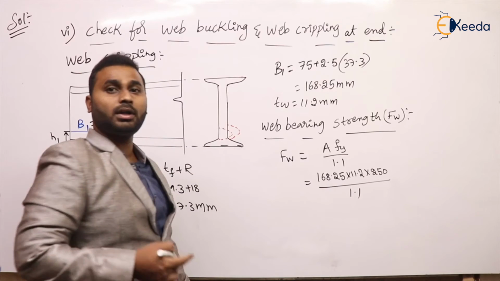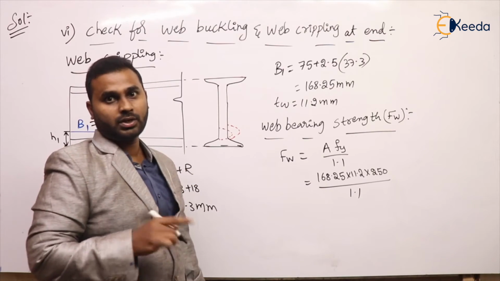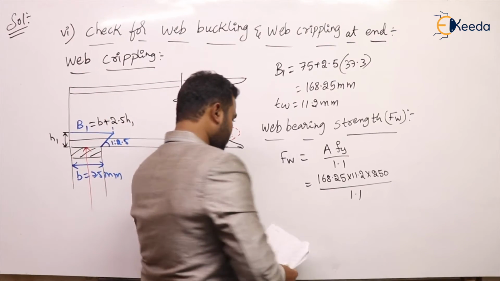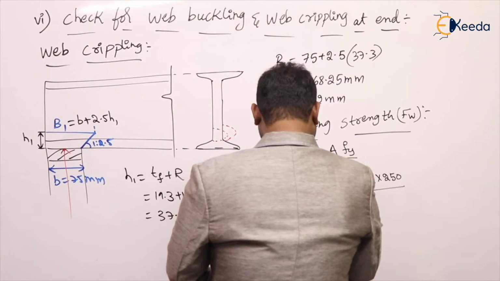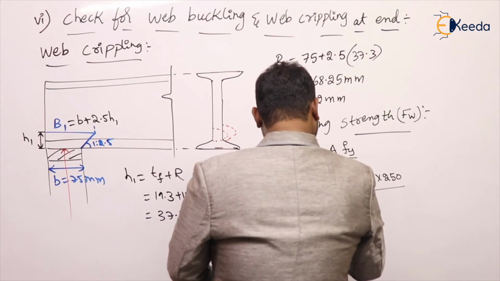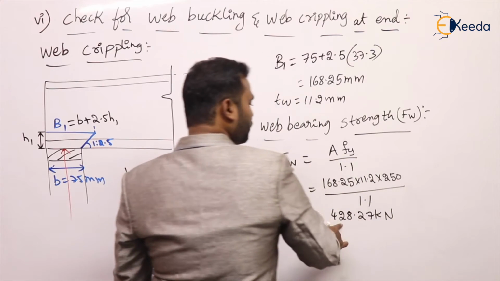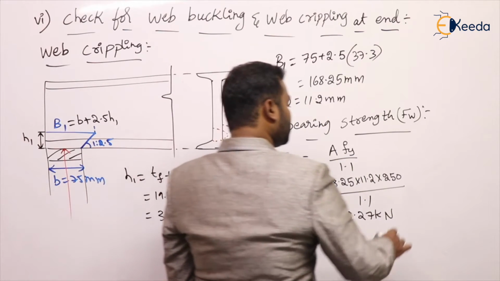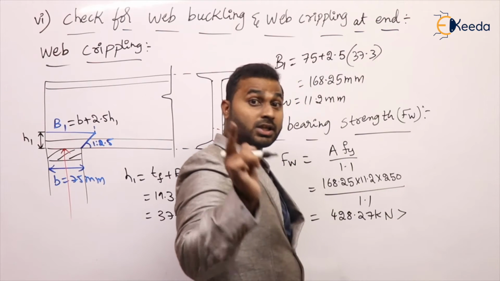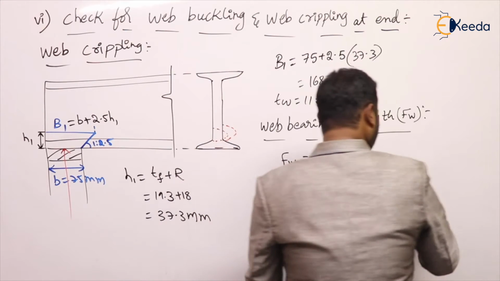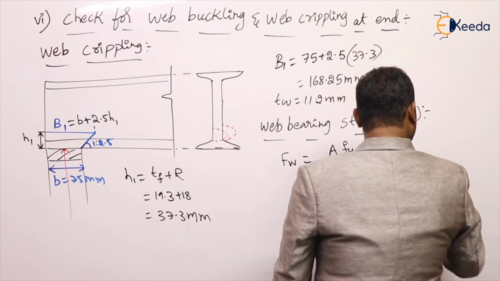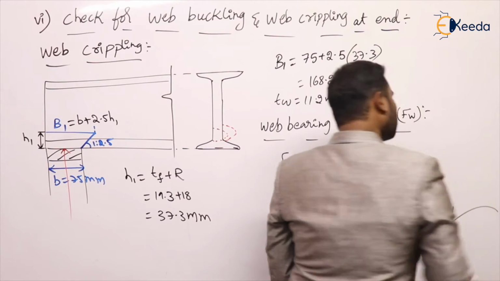Upon simplifying, we get 428.27 kilonewton, which is greater than the reaction at the support, that is 187.5. Therefore, it is safe.